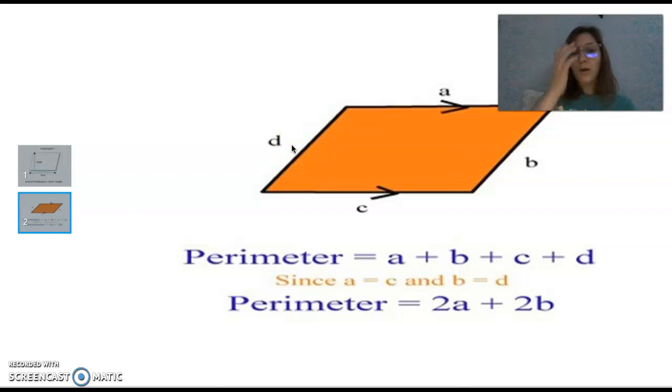Now I know that if it gives me the number for D, that's going to be the same for my B. Same for C and A. They're corresponding. So if they give me my A, they're also giving me my C. As you can see, it says perimeter equals 2A plus 2B.